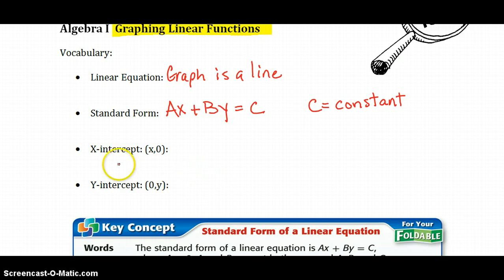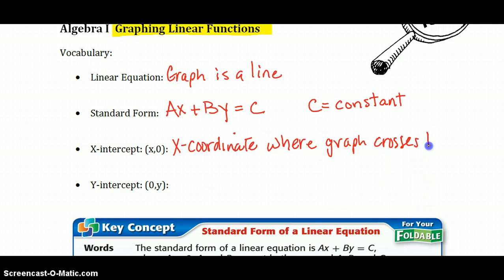Alright, the x-intercept is the x-coordinate where the graph catches or crosses the x-axis. In football, an interception is when you catch the ball. So I like to say an x-intercept is where you catch or cross the x-axis.